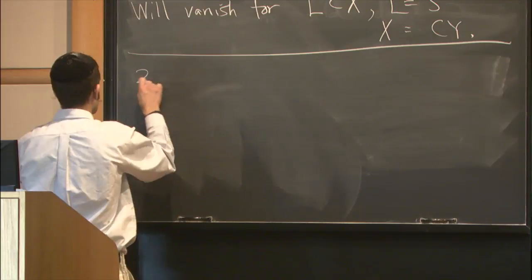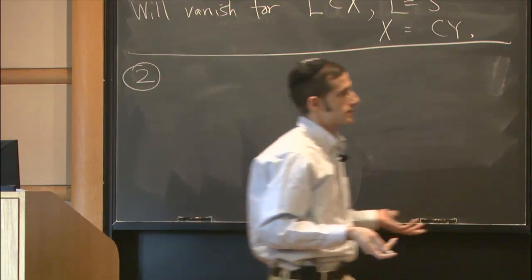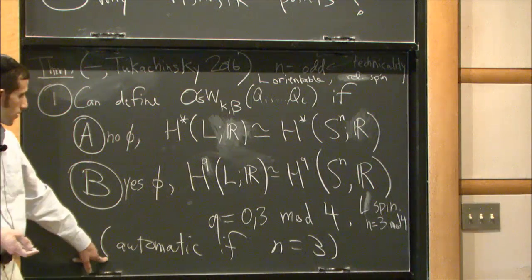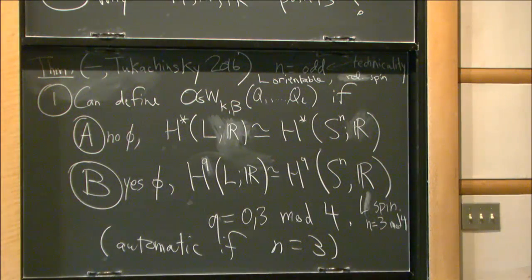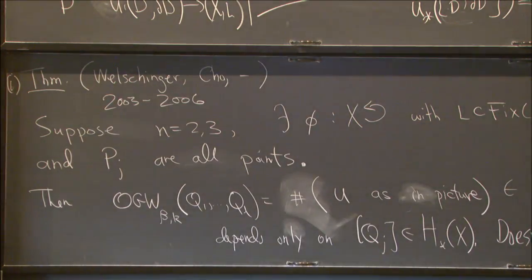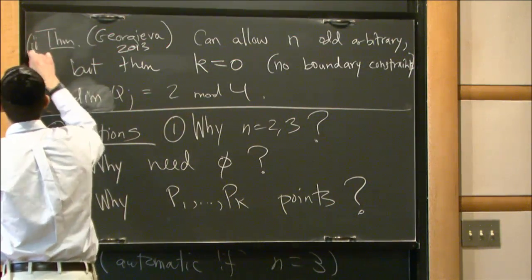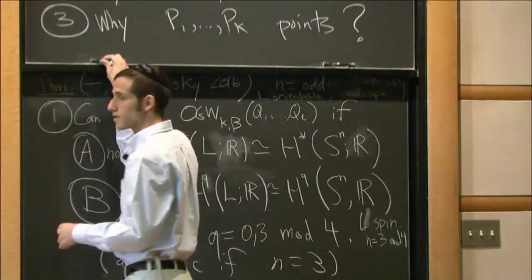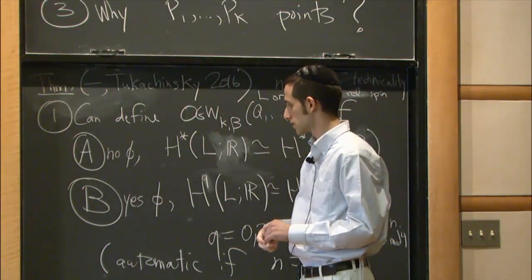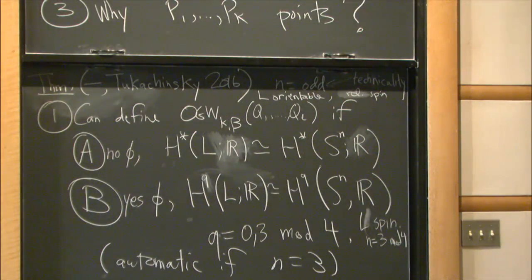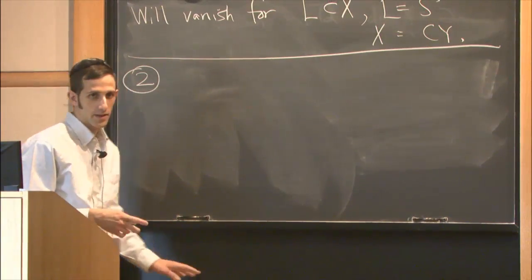All right. So part 2 is that these invariants are going to be well defined when n equals 3, or... no, but if you fix an energy level, then you can kill all of them.